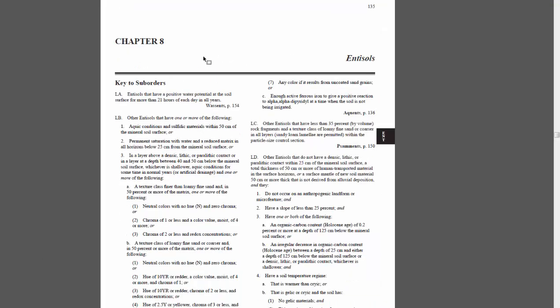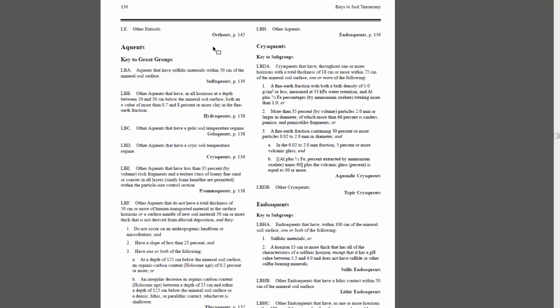So we have wascents, aquents, psamments, fluvents, and then orthents. And then from there they jump into a key that takes you to more detail and gets you into the great groups.